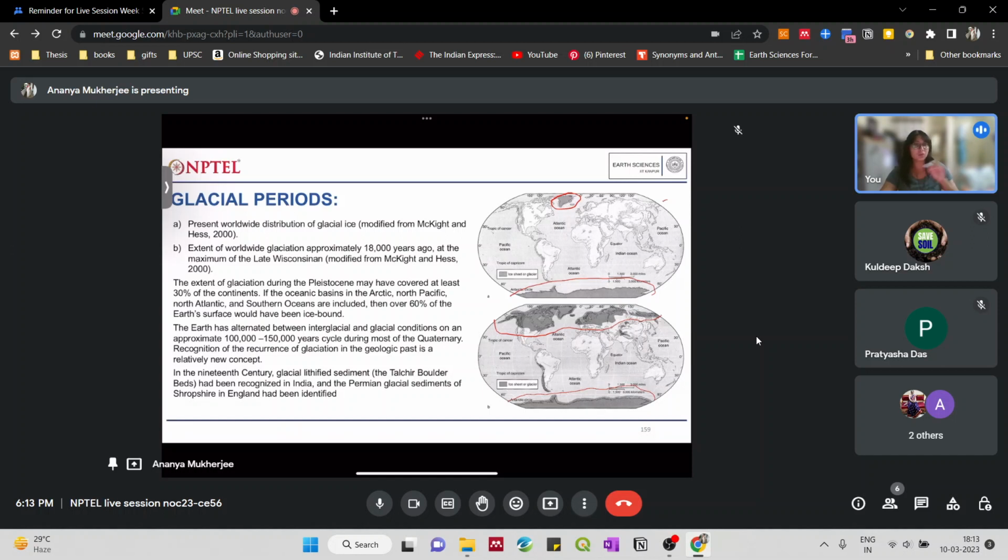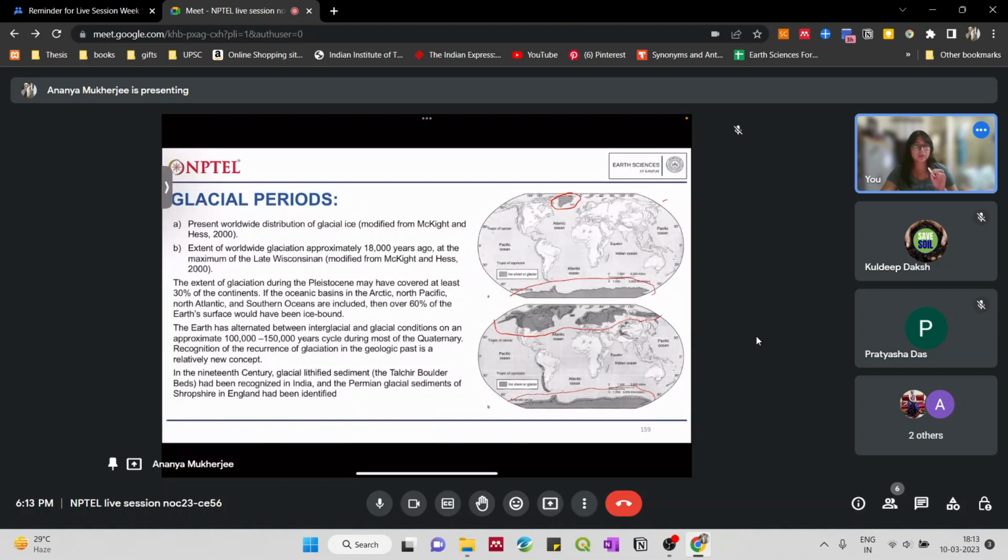Now the period that we are in is called an interglacial period. Usually interglacial periods are warmer periods. So the extent of glaciation, as I said, in the Pleistocene covered almost 30% of the continents. And if ocean basins are also considered, then around 60% of the earth's surface was covered with ice.